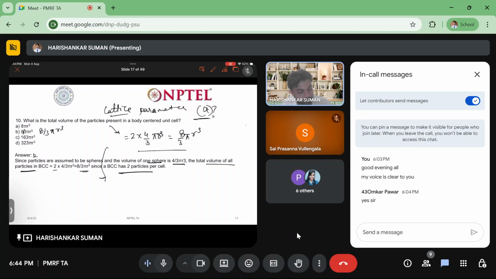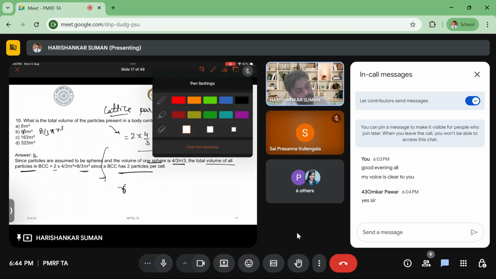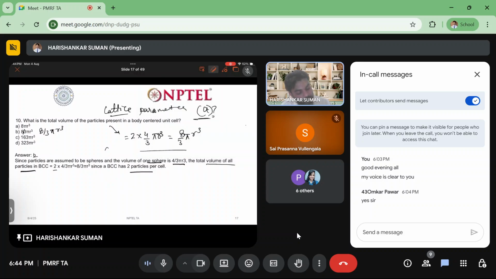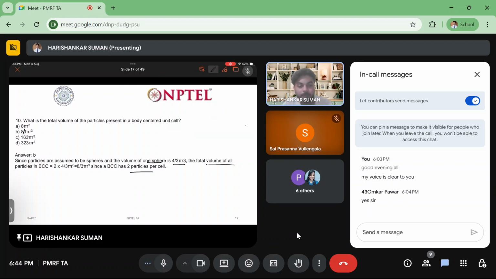Then you have to convert r. You have to find the relation between a and r, like we have done. Okay, so this is simple. Clear to you? But in terms of a, how can you find the volume?